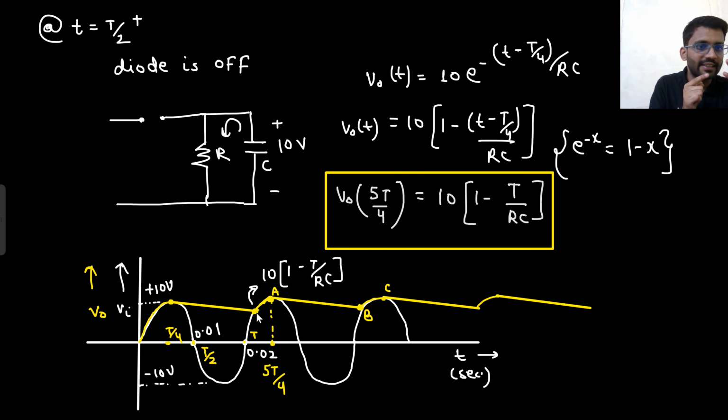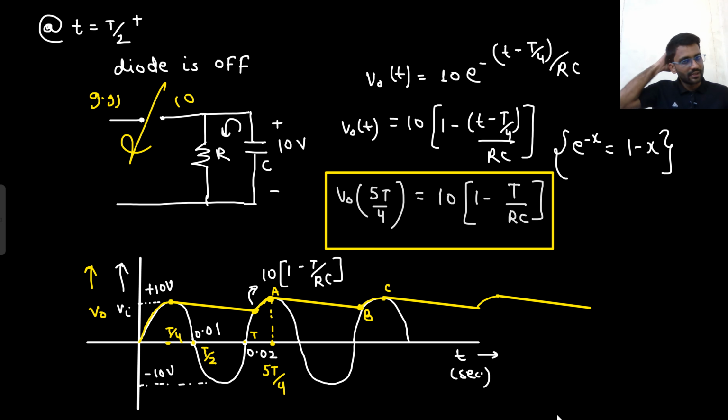At the next moment we realize that the input voltage will be higher, that means the diode will again be on. So only in this region the diode will be on, and again it reaches 10 volt. At the next moment the input is 9.9 volt, so here 9.9, here 10, that means again the diode is off. Then again off, then again on. So the diode is turning on in this region only, and in the remaining region the diode is off. Are you getting this point or not?